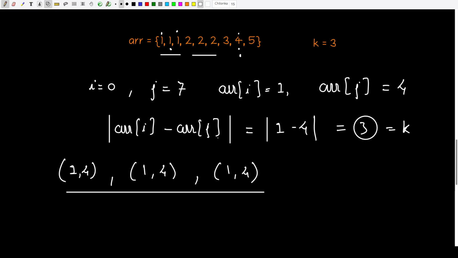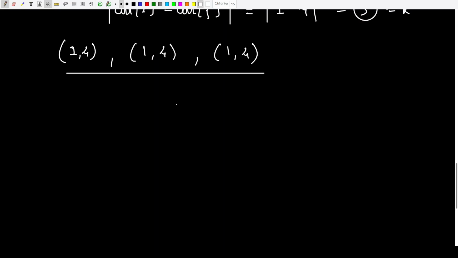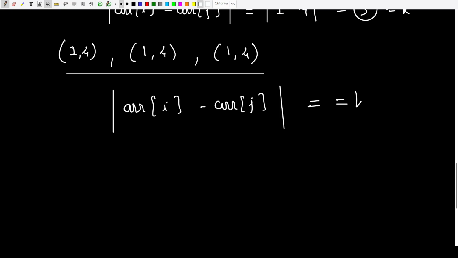In order to accommodate this in our logic, once we have realized that the difference between arr[i] and arr[j] is equal to k, we are going to count the frequency of element arr[i], and similarly the frequency of element arr[j].